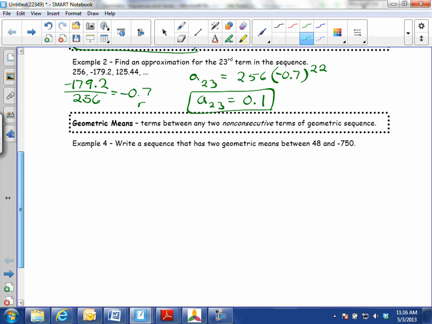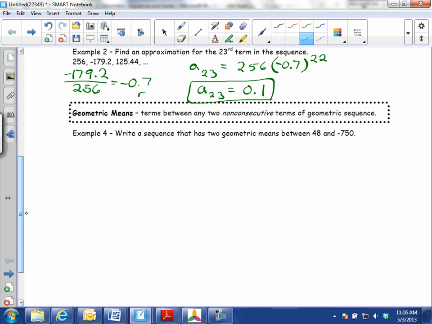Alright, geometric means, just like we had arithmetic means, geometric means are the numbers in between the terms. So it's the same idea as what we did yesterday when we were looking for arithmetic means. So we're looking for two geometric means between these two numbers. That means A sub 1 is 48. We're looking for the next two. So we don't know A2 and A3, but A4 is going to be negative 750.